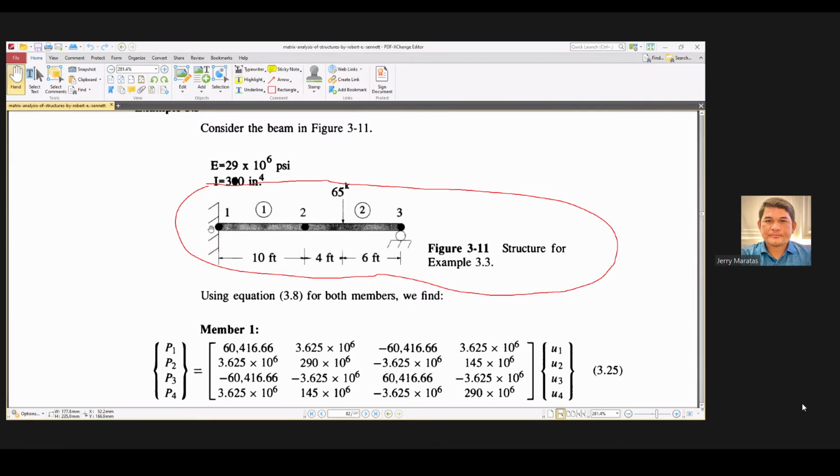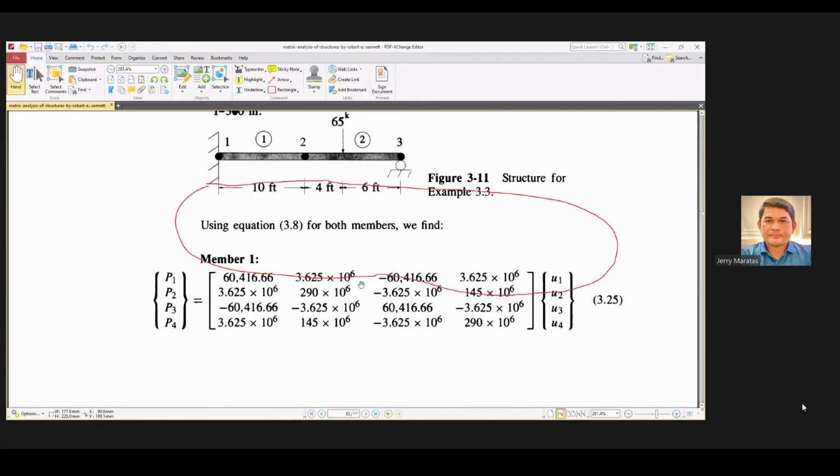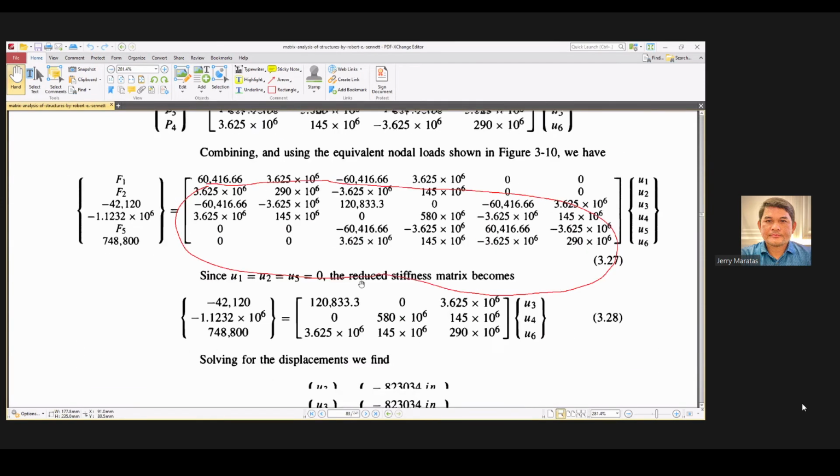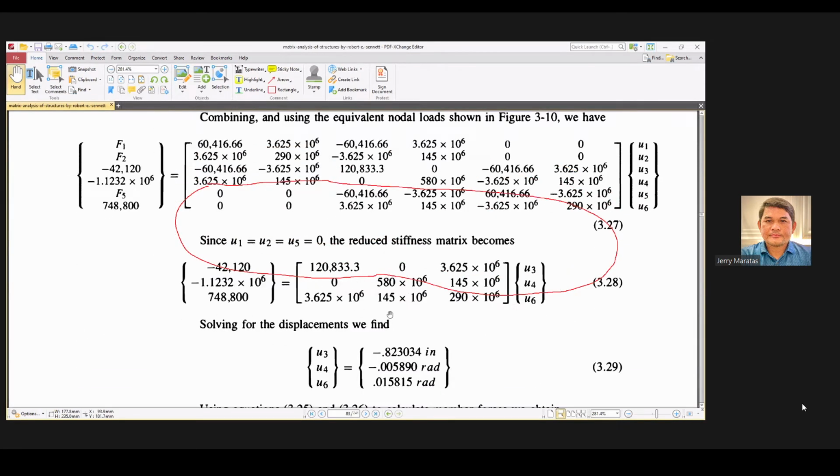So if you recall, kinematic indeterminacy is the total degrees of freedom minus the boundary conditions. In this case, 6 siya, pero ang imong mga boundary conditions karon is 3. So that means this is indeterminate to the third degree in terms of kinematic indeterminacy. So that means ang akong reduced stiffness matrix is 3 by 3 na lang kani.